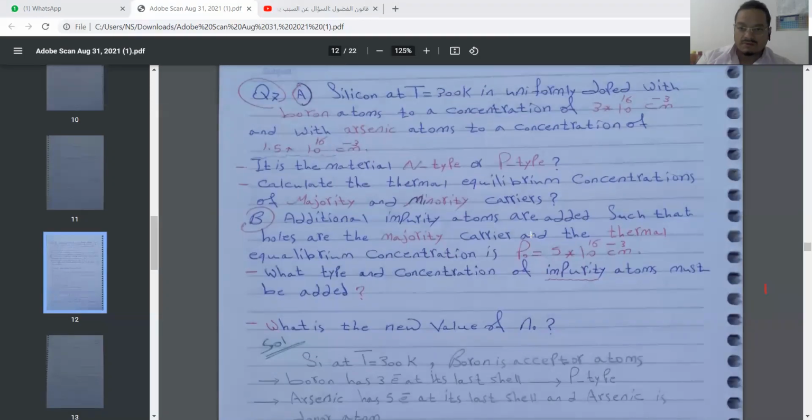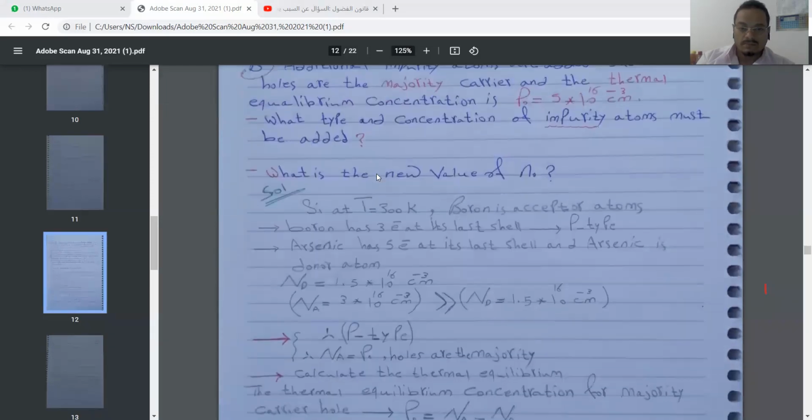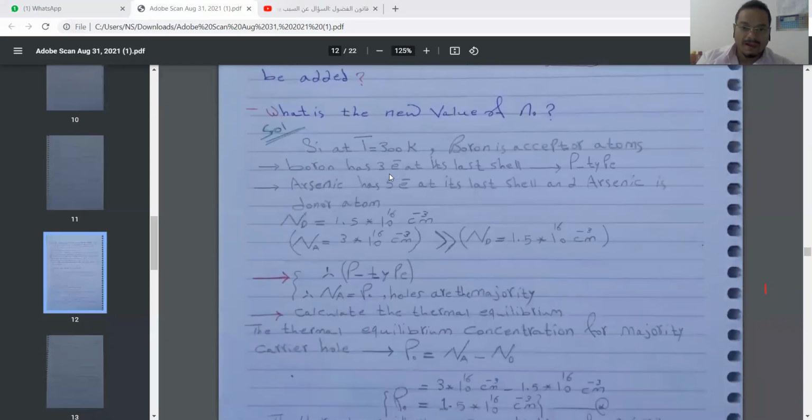Something like prime to note the difference between them, because we have two different P naught values. P naught prime means the new hole concentration, okay? We must use this prime to know the difference between them.